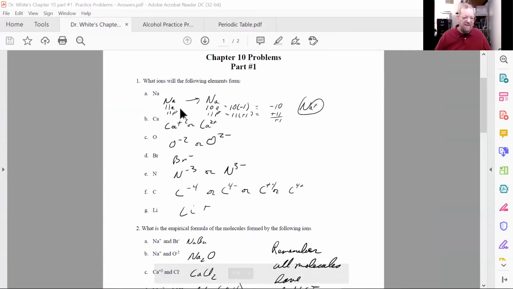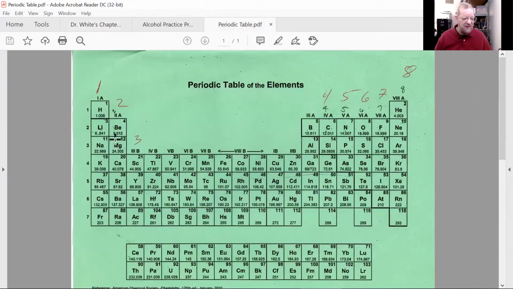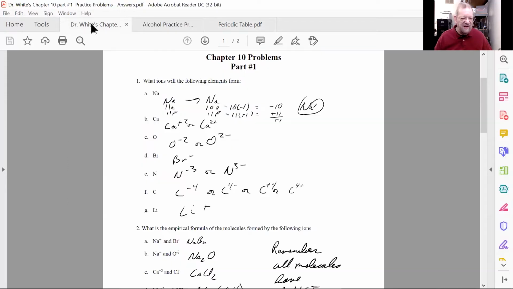How do you do that? Well, you say, all right, I have sodium. And you look at how many electrons and protons. Where do you get that number? You get that from the periodic table. And notice the atomic number 11 tells you how many protons and how many protons and electrons an element has.